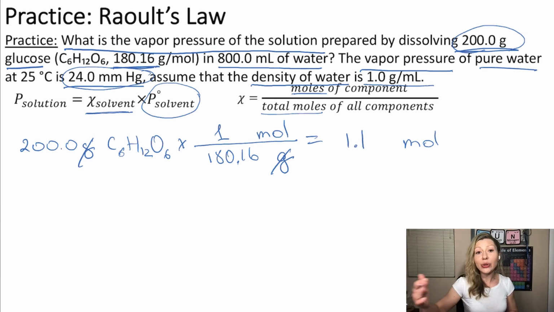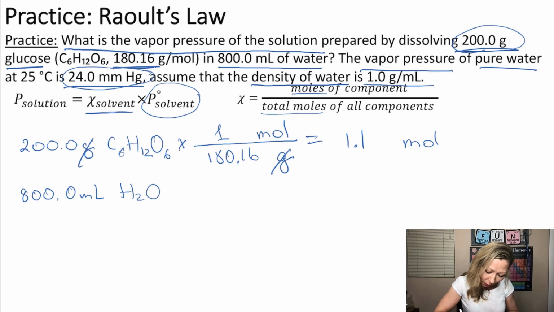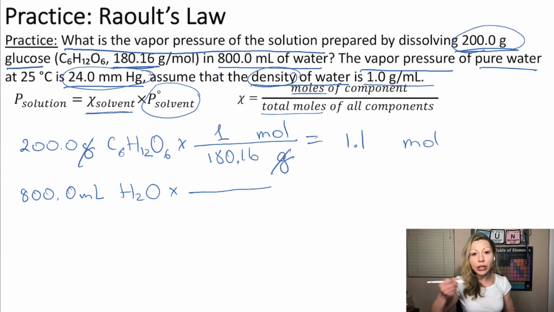And we are going to do the same for water. So we have 800.0 milliliters of H2O. Now, because these are milliliters, we first have to convert into grams, but thankfully we have the density of water. So now I'm going to use a fraction where the milliliters are on the bottom, the grams are on top, and it's going to be 1 gram in 1 milliliter.